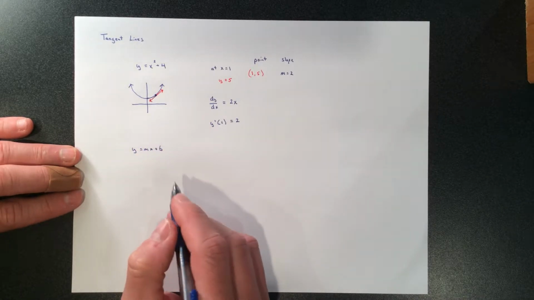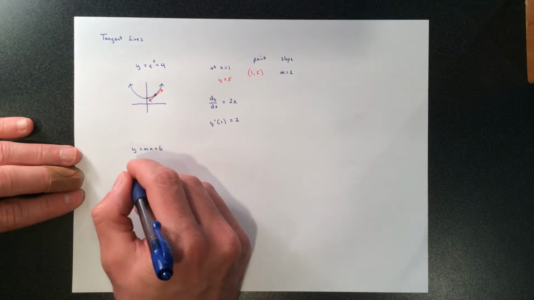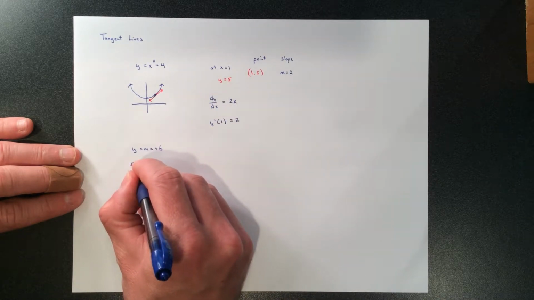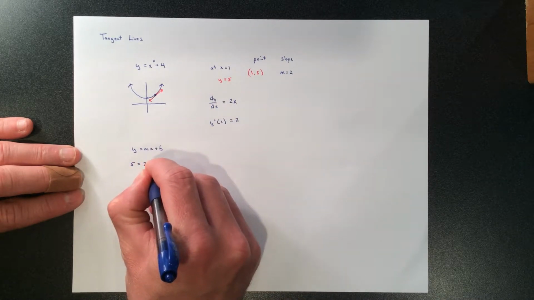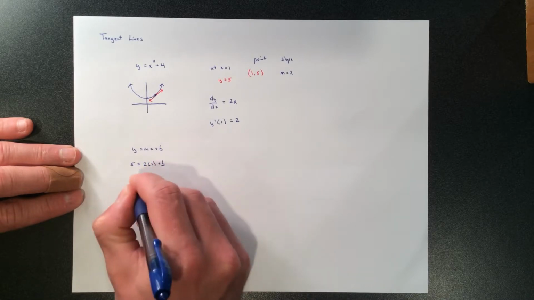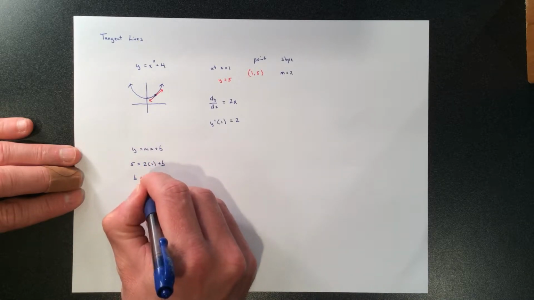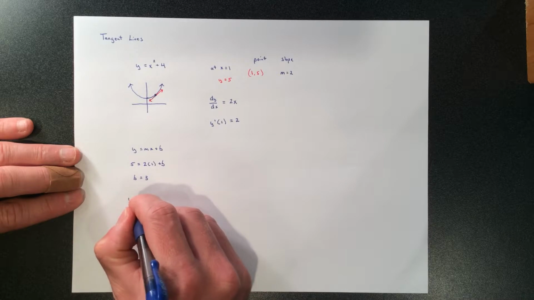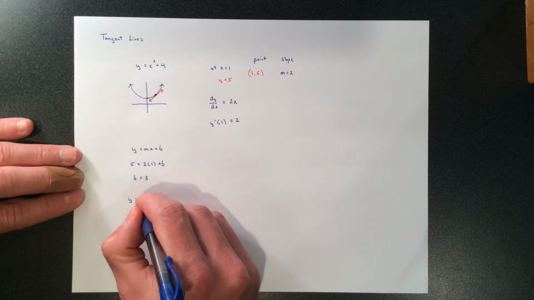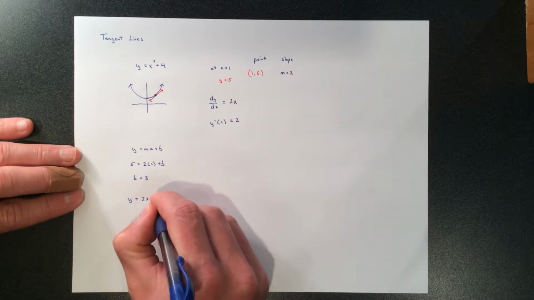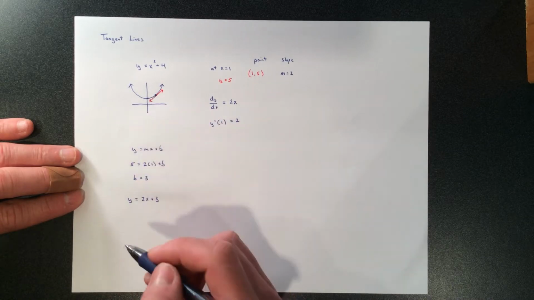Let's use that first. We have a point with a y value of 5, a slope of 2, and an x value of 1, and that finds us a b value of 3, which tells us our equation is a slope of 2, so y equals 2x plus 3. And there's the equation of our tangent line.